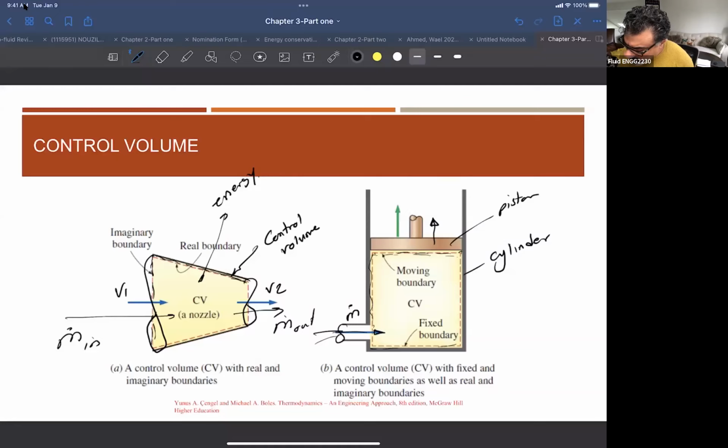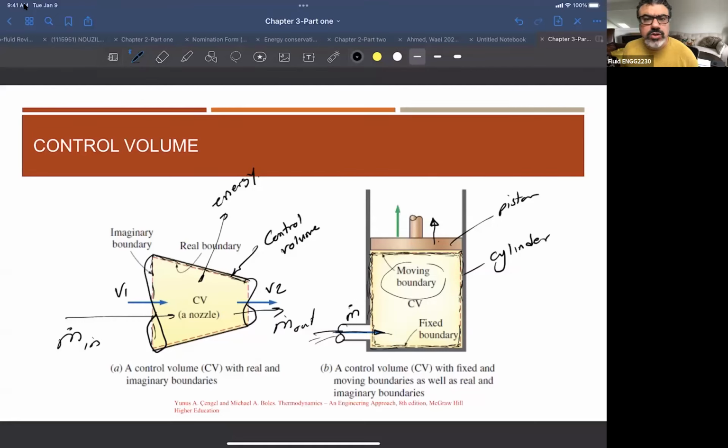So you can have what we call a moving boundary. So the boundary here is this, right? But because the piston goes up and down, this volume is changing, right? So in this case, I'm still considering the volume here, okay? But I'm only seeing what is coming in or what is going out of this, right?